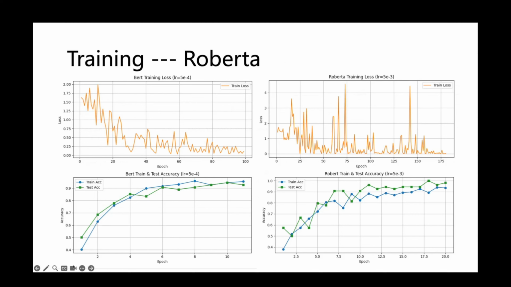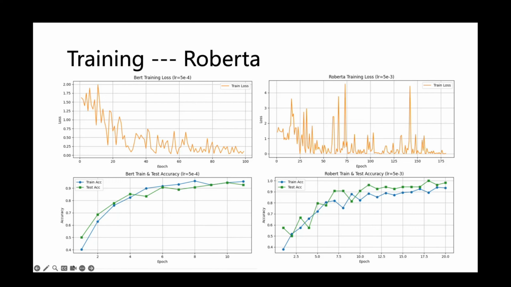When training RoBERTa, a small learning rate led to steady loss reduction and smooth accuracy improvement, hovering around 19% with good generalization. In contrast, a larger learning rate caused unstable loss and oscillating accuracy, indicating less stable training. Overall, a smaller learning rate provides a more stable and reliable training process.